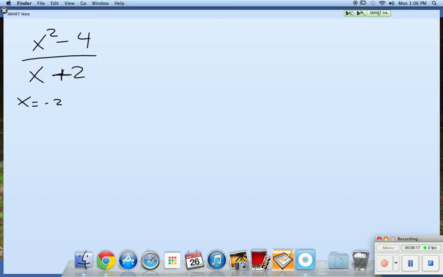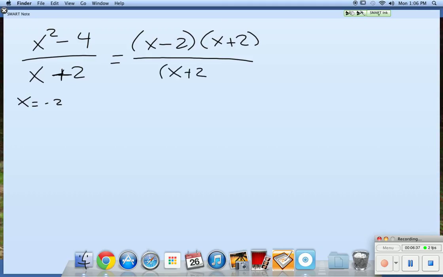But I want you to look at this. If I was going to break down this equation, I could make this x minus 2 and x plus 2. I FOILed out x squared minus 4. Now this is divided by x plus 2. What could I do with my x plus 2's? Cross them out. So I'd really be graphing x minus 2.